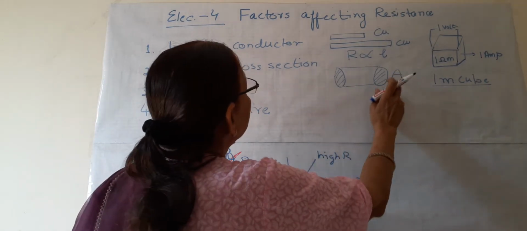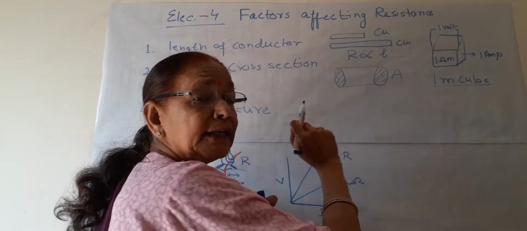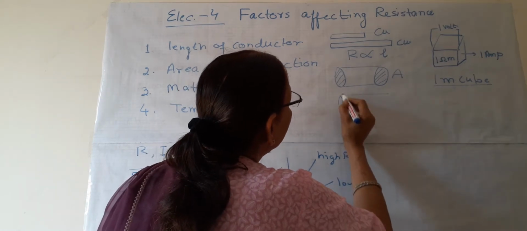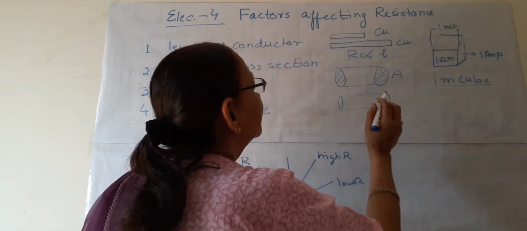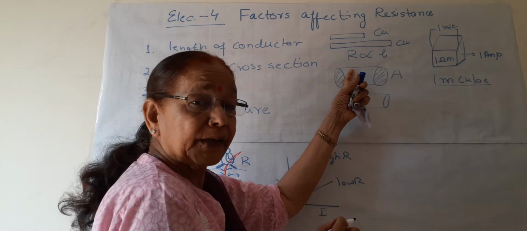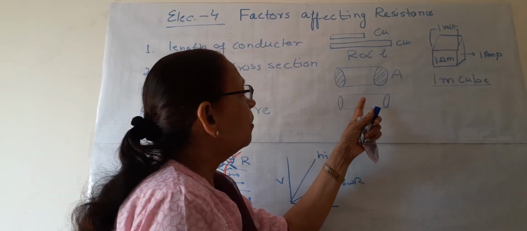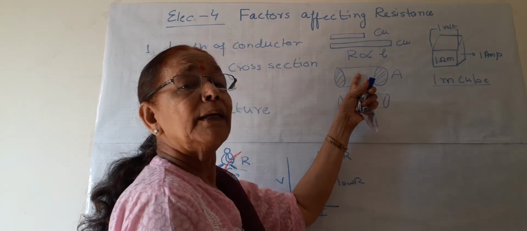So suppose this is a conductor or a wire with this area and the other is with the same length, but the area of cross section is less than this. It is thinner, this is thicker, then what will happen? The resistance of this will be more and of the thick one will be less.